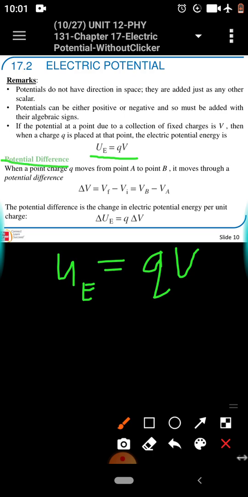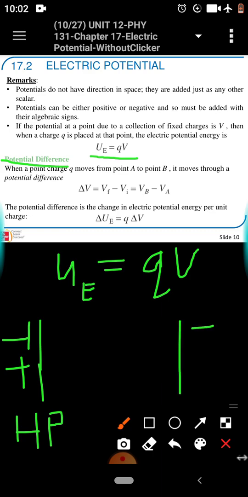It's very important. When a point charge moves from point A to point B, it moves through a potential difference. Remember, we talked of high potential and low potential. This will be high potential, and this region will be low potential.